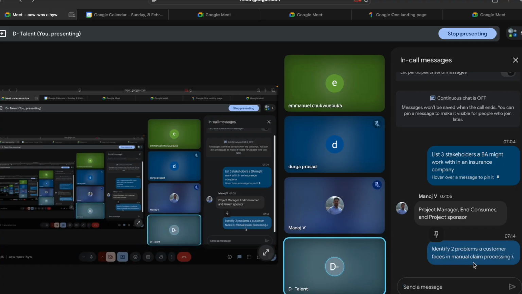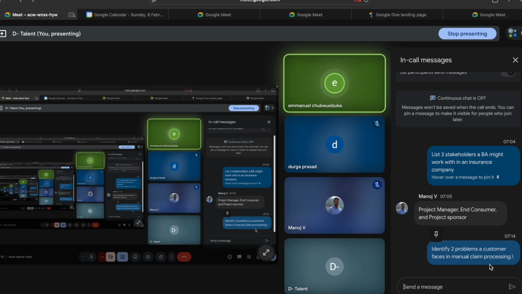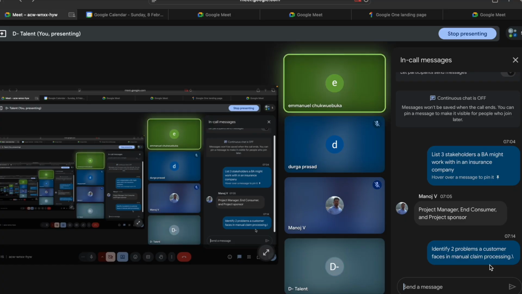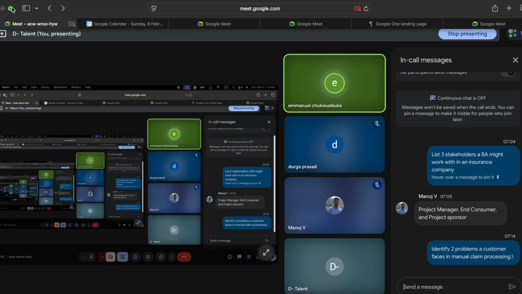Delay is one of them, like delay of processing, right? Manual and convenient, and they can track also.